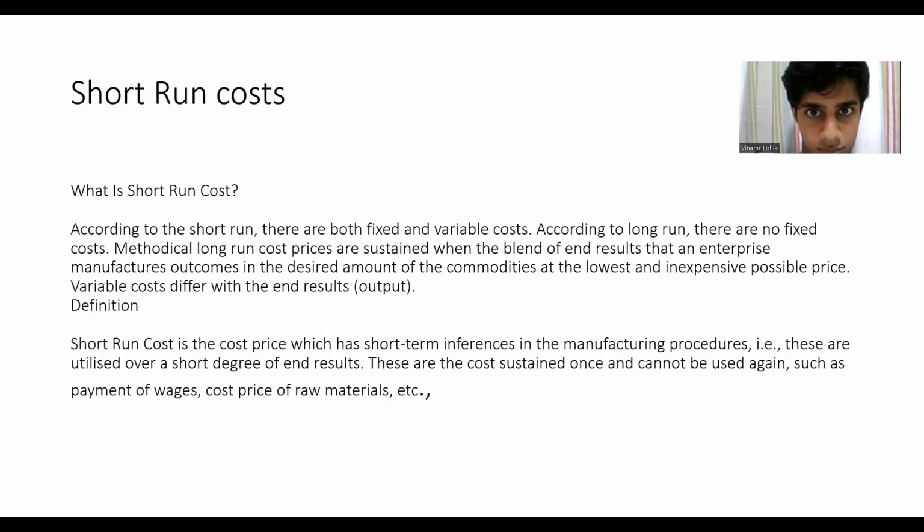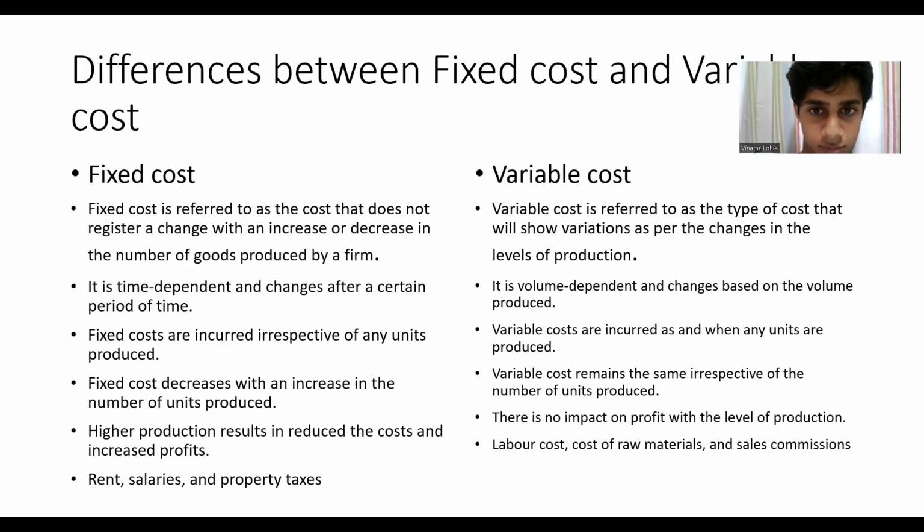The fourth point in the differences can be changed. Whereas in the variable cost, the fourth point also can be changed. So you are right that fixed costs remain the same with an increase in the number of units produced.